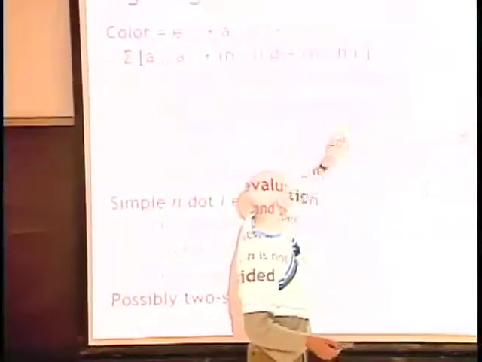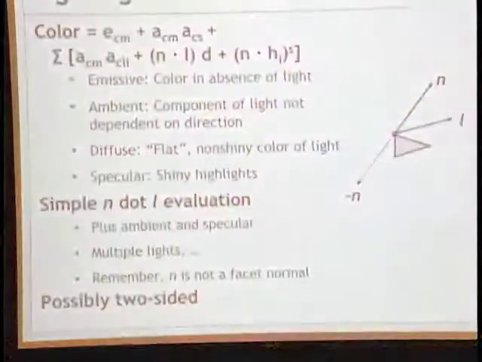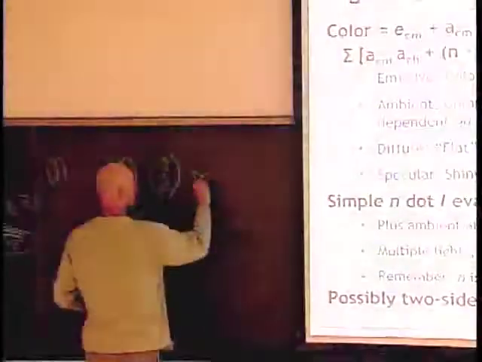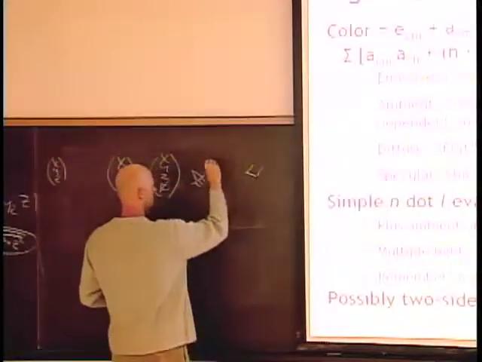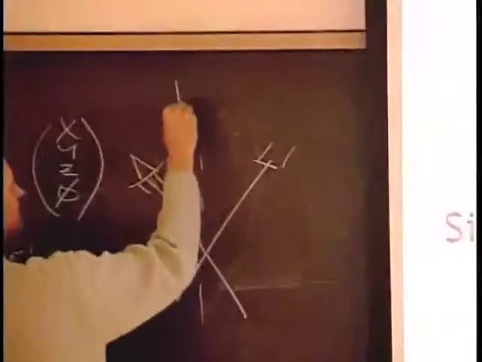So this is also a dot product, but it's a dot product of what we call the half vector. Let me sketch this: we have an eye, and we have a light here, and this goes in this direction, and this goes in this direction. The half vector is here.